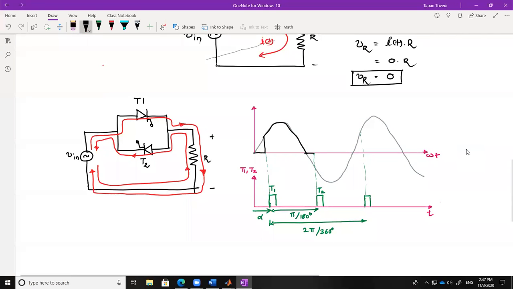So now you have a voltage like this. Once again, remember, whenever the switch does not conduct, the current cannot flow. So the switch is off for this much duration, for duration alpha. Okay, for duration alpha, the switch is off.